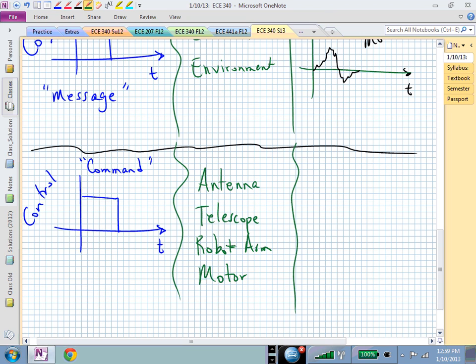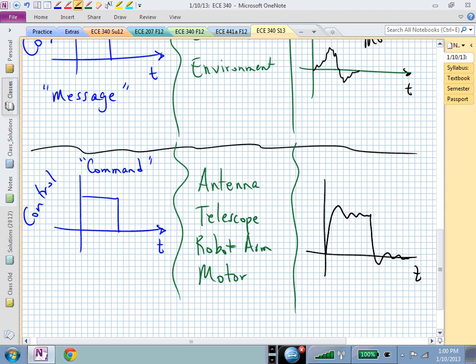And now what happens? What happens at the output? If this is now some mechanical system, maybe what happens when you hit it with that command is you're telling this robot to move from 0 up to a certain location, well, that robot arm might actually do something like that. It might overshoot and ring a while before it settles down, and then when you turn it off, it actually may ring some more.